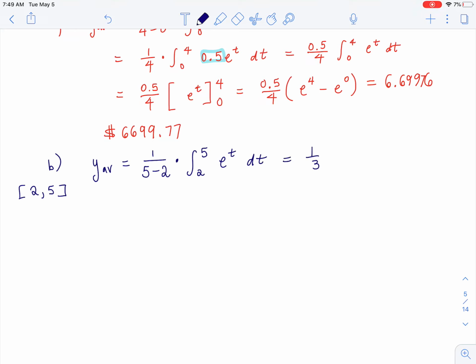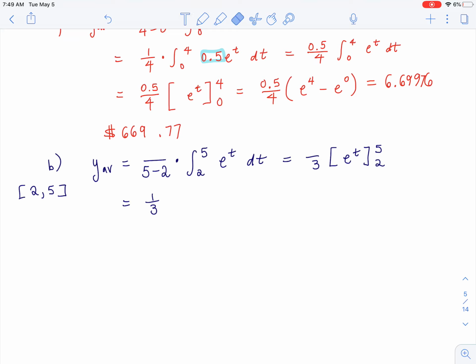This is 1/3 times e to the t evaluated at 5 minus 2. So what's that going to be? 1/3 times, whoopsie, you know what I forgot? In our function, we had that 0.5.